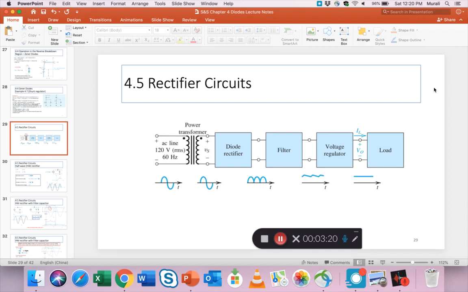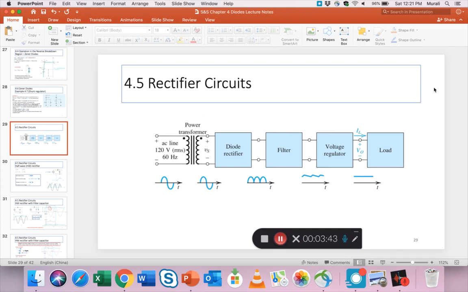It converts AC into DC. That's one simple way of looking at rectifiers. And I know we were briefly introduced to this even in the first section of this chapter, 4.1, where I think briefly introduced you to a half-wave rectifier.